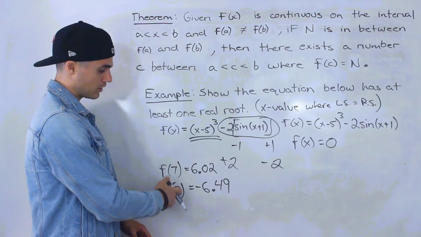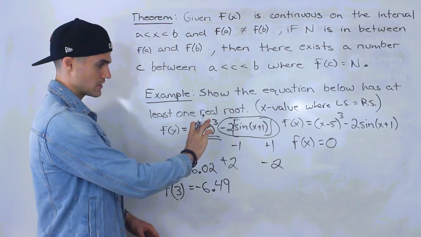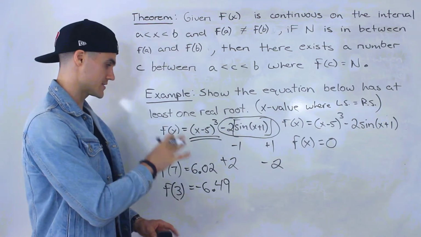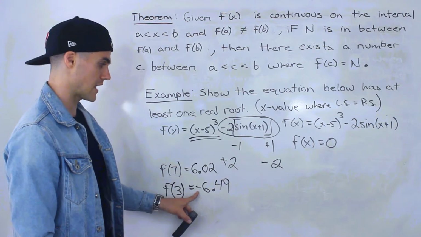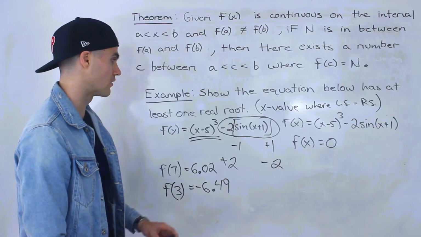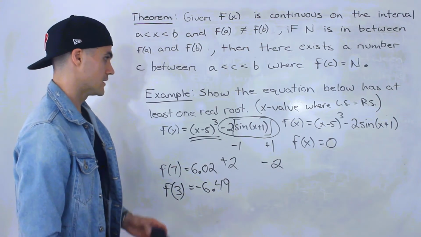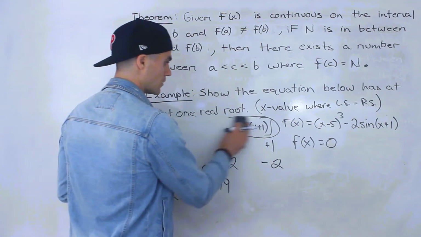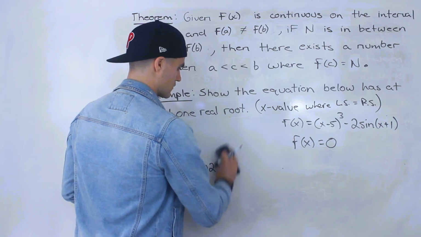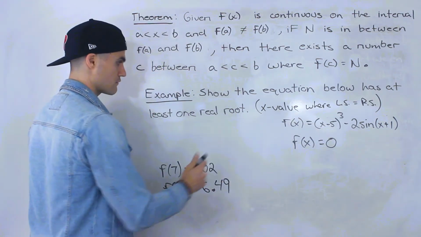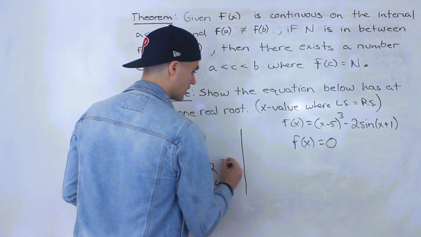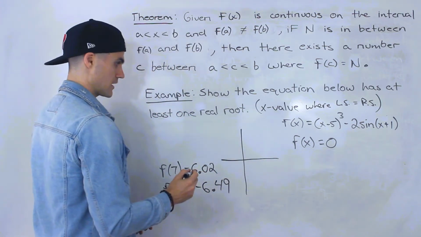And when you actually plug in those x values into the calculator, remember, make sure your calculator is in radians, you'd get 6.02 for this y value, negative 6.49 for that y value. So if we graph this out, I actually don't know how this function is looking, but that's not too important.